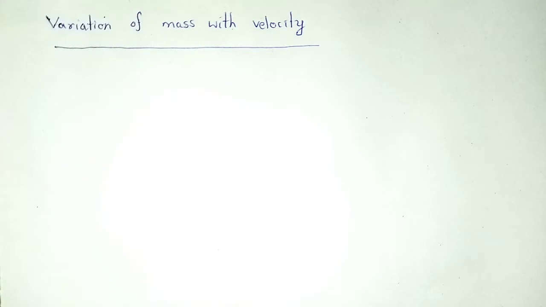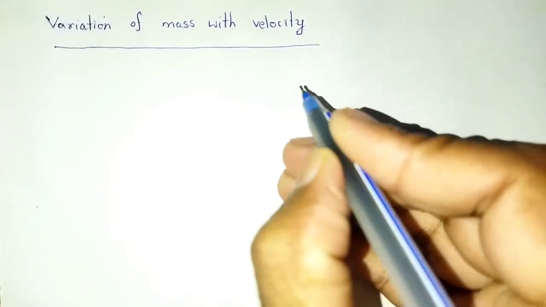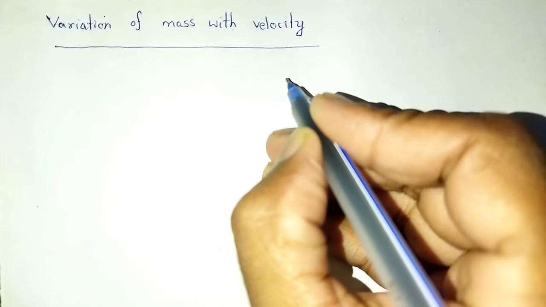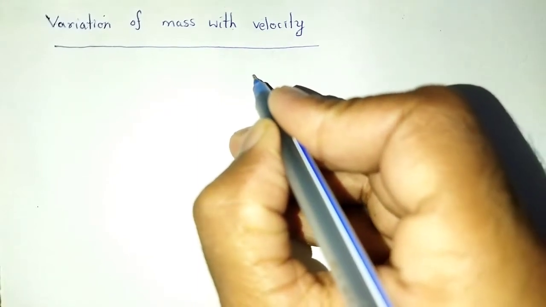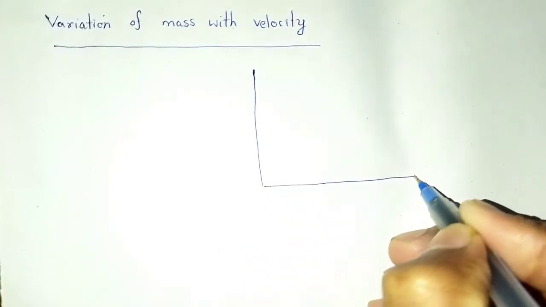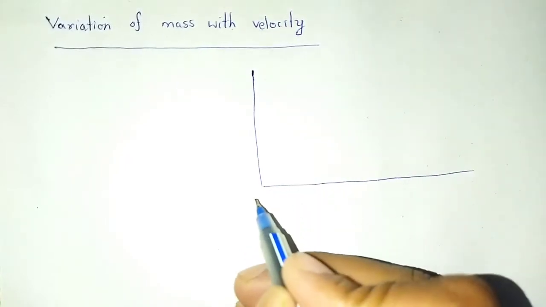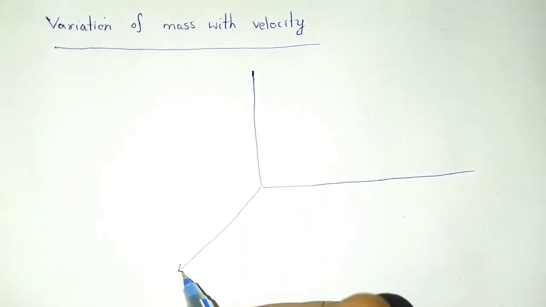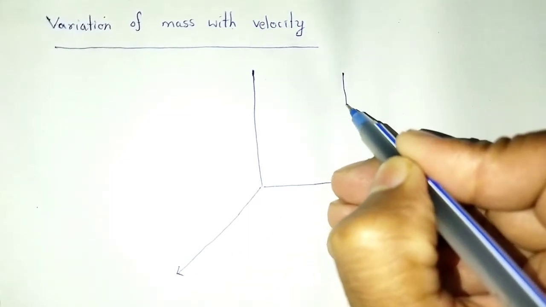Now we discuss how mass varies with velocity by using the relativistic condition. Let us consider two inertial frames of reference, one is S and another one is S dash frame.